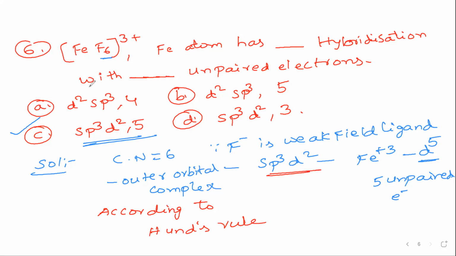Next, for finding the number of unpaired electrons, see the oxidation state of iron. Iron is in +3 state, so it has d5 configuration, which means 5 unpaired electrons. You have to think of all these points in the examination. From these points, they will ask any one or two questions as options. So I hope it is clear. Very, very important, these types of questions.